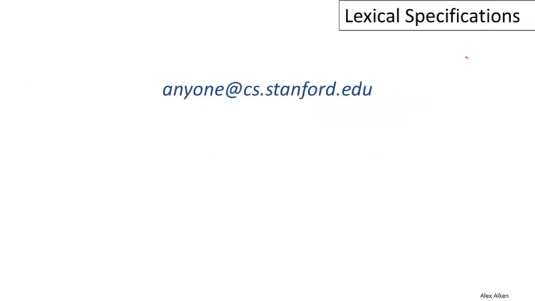Let's pause for a moment in discussing programming languages and look at another example of using regular expressions from a different domain. Here I have an email address, and as it turns out, email addresses form a regular language, and every email processing device in the world, so your mailer and the mail servers that you use, all do regular expression processing to understand what the email address is telling them in the email messages that go by.